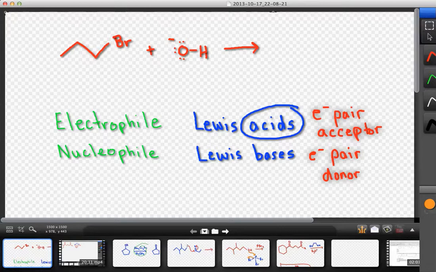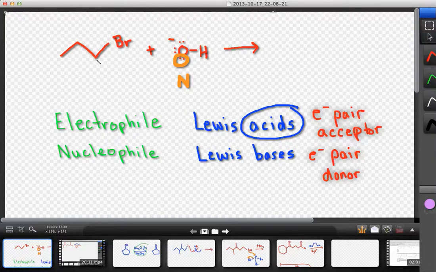The most nucleophilic atom in this reaction system is one of the lone pairs associated with hydroxide. This is my best nucleophile. And literally right now, you should circle the most reactive lone pair and place a capital N so that you know that is your most reactive nucleophile.